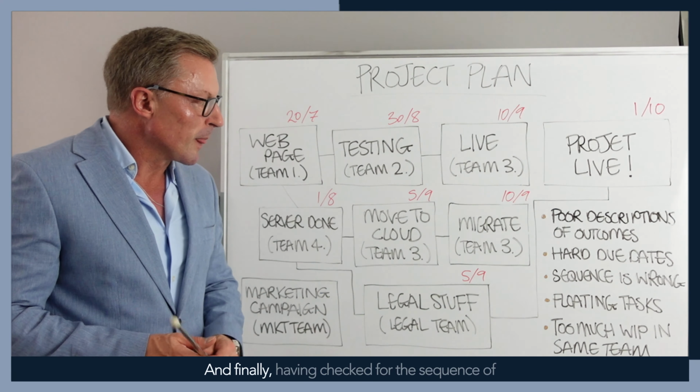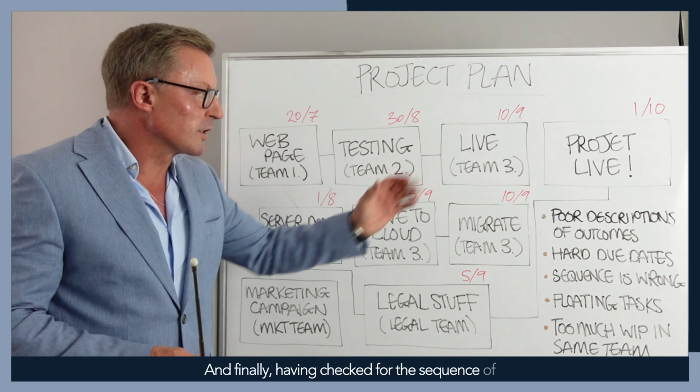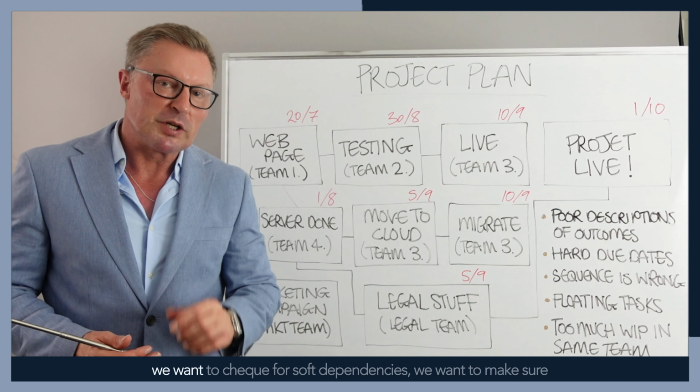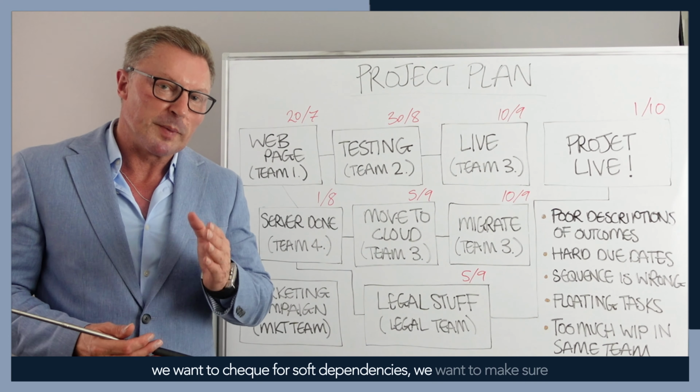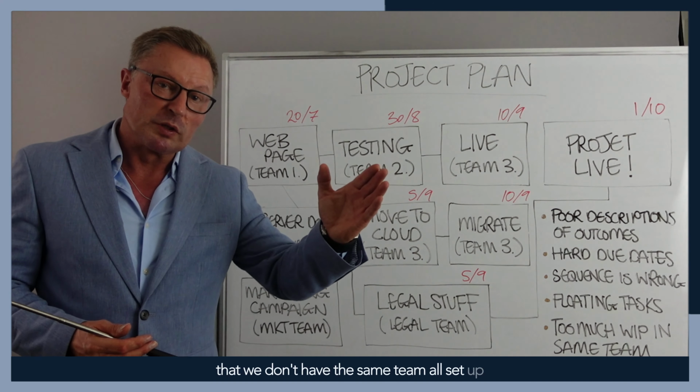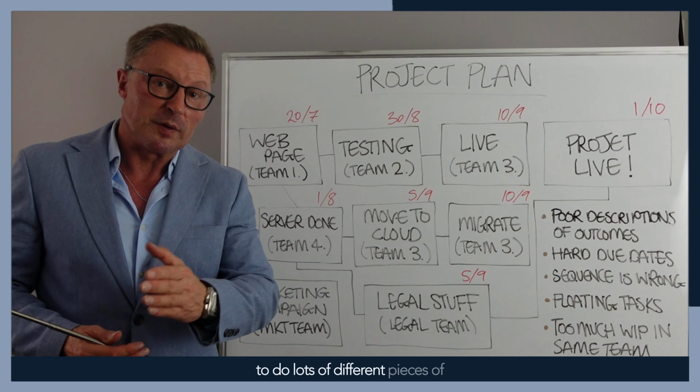And finally, having checked for the sequence of the work in terms of hard dependencies, we want to check for soft dependencies. We want to make sure that we don't have the same team set up to do lots of different pieces of work.